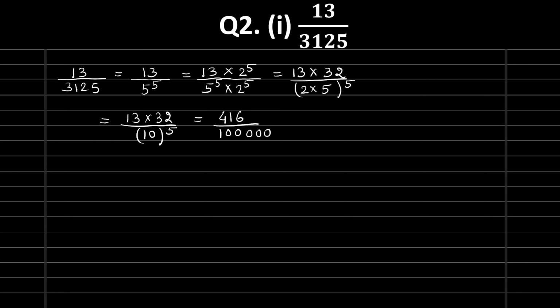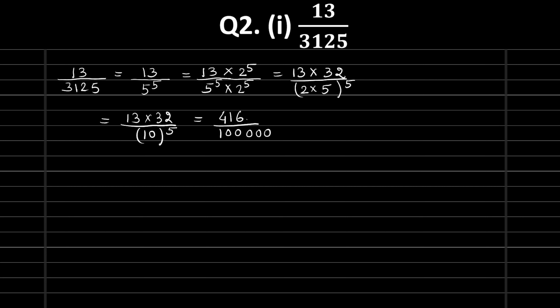Now it is very simple for us to find the decimal expansion. Since we have 5 zeros in the denominator, we will shift the decimal point towards the left hand side 5 times, right?